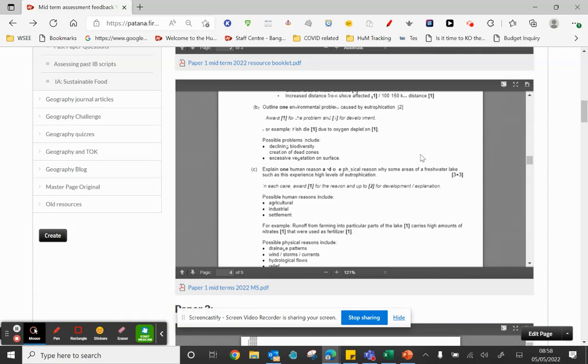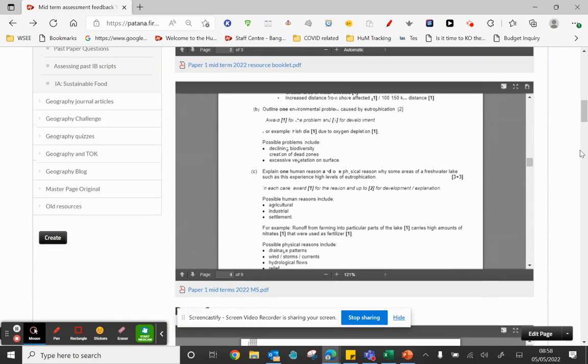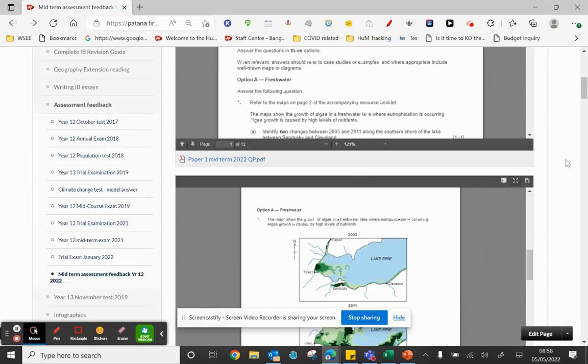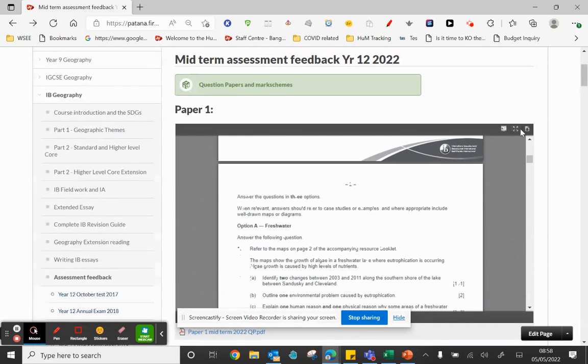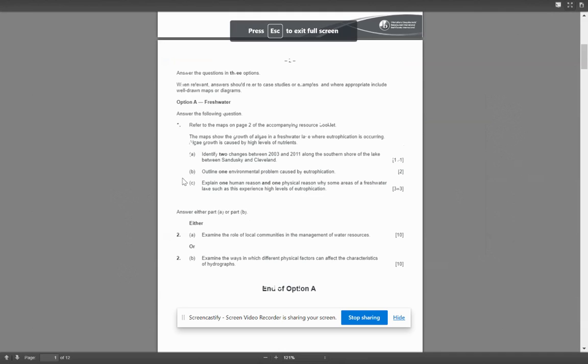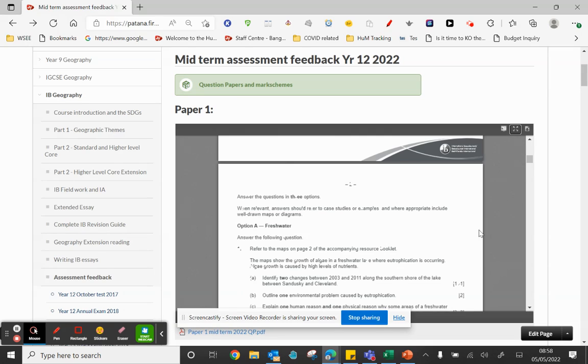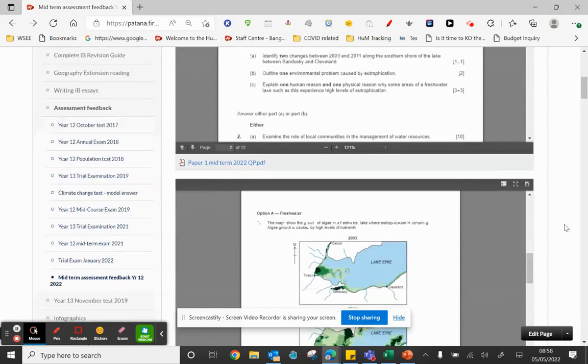So, outline one environment... sorry, let's go to the paper. Okay, here we go. Outline one environmental problem caused by eutrophication. This is a 2-mark question. Let's go to the mark scheme for this because it does give us an idea about what they are expecting.